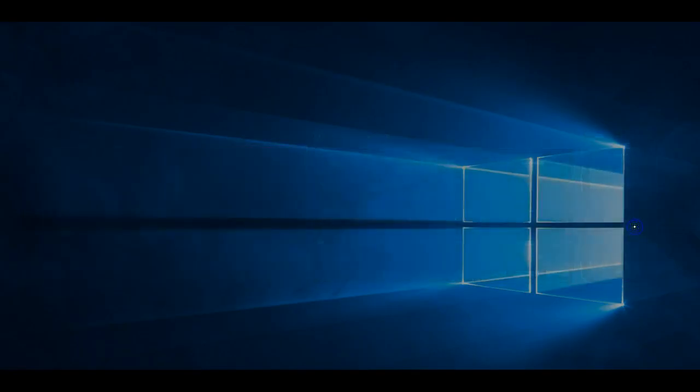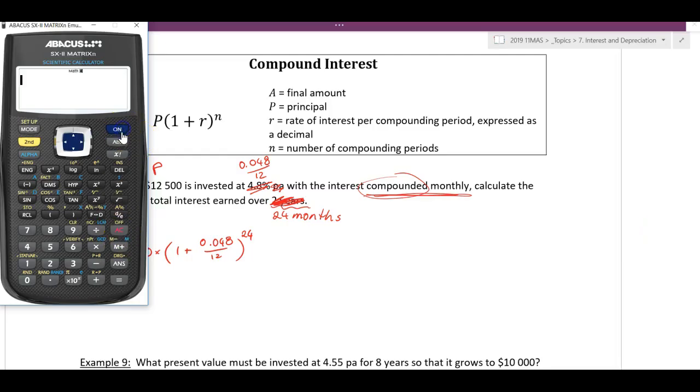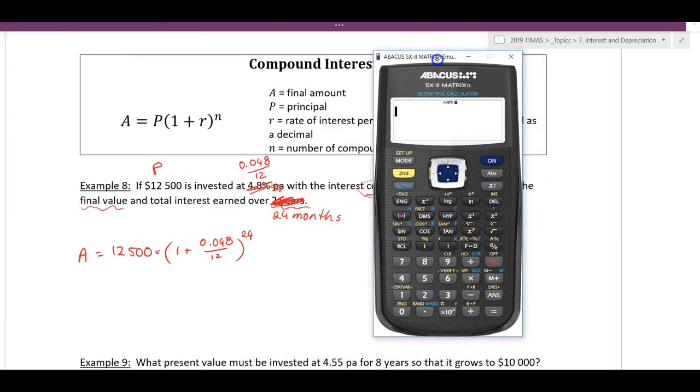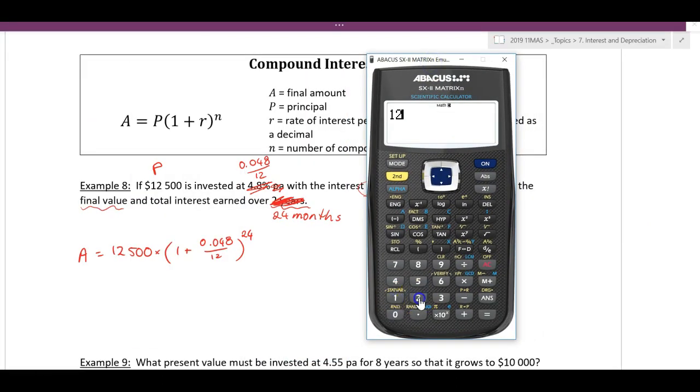Calculator comes out. Turn it on, and I have 12,500 multiplied by bracket fraction, 1 plus my fraction, 0.048.